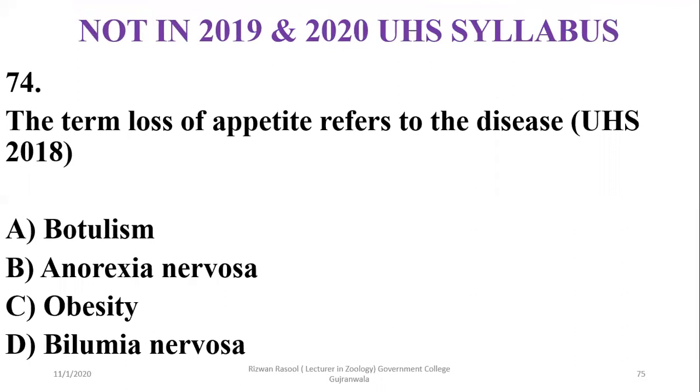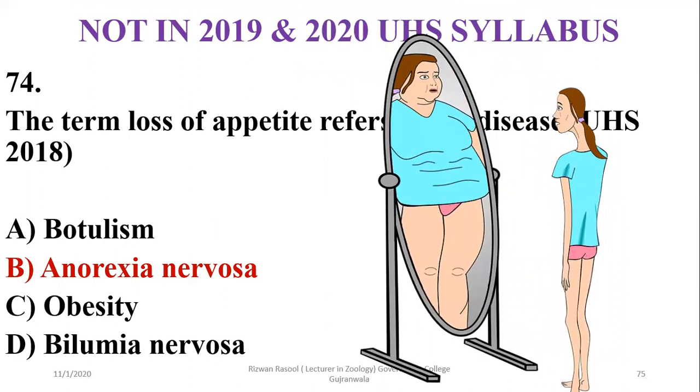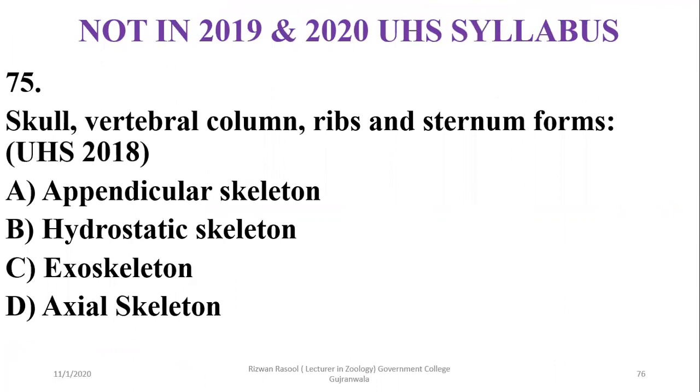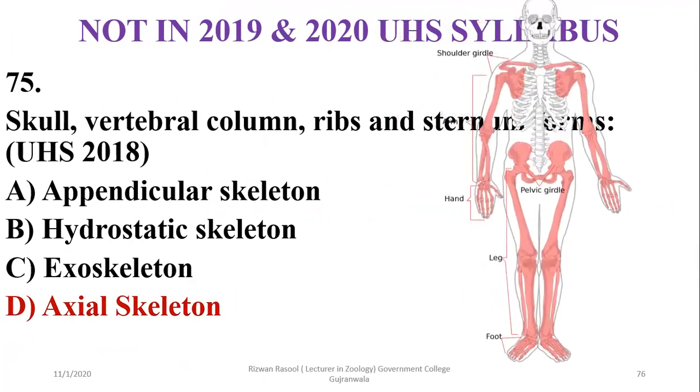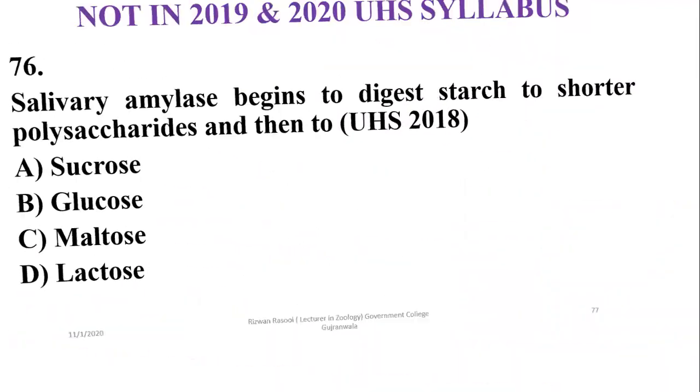The term loss of appetite refers to the disease anorexia nervosa, and it is common among teenage girls. Skull, vertebral column, ribs, and sternum form the axial skeleton, while the appendicular skeleton has been shown in the colored part over here. These questions were included in the 2018 paper, but in the recent syllabus as well as in the syllabus of 2019, this portion was excluded.